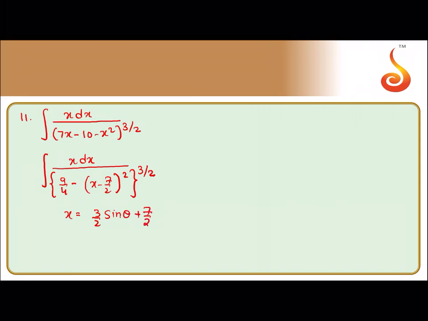So if I substitute x equal to 3 by 2 sine theta plus 7 by 2, because x minus 7 by 2 becomes 3 by 2 sine theta, square will give you 9 by 4 sine square theta. So 1 minus sine square theta we can apply. So dx is equal to 3 by 2 cos theta d theta.